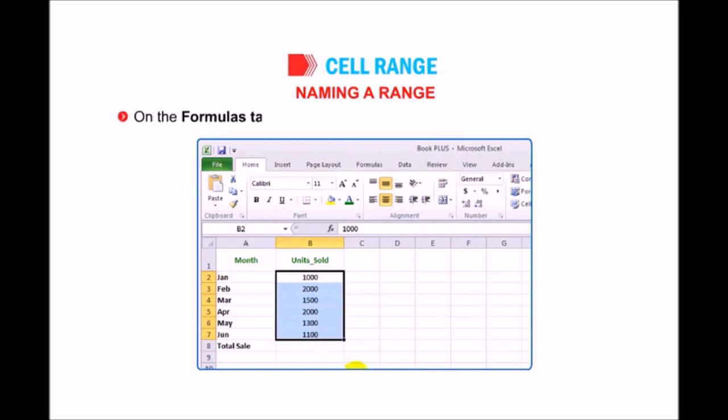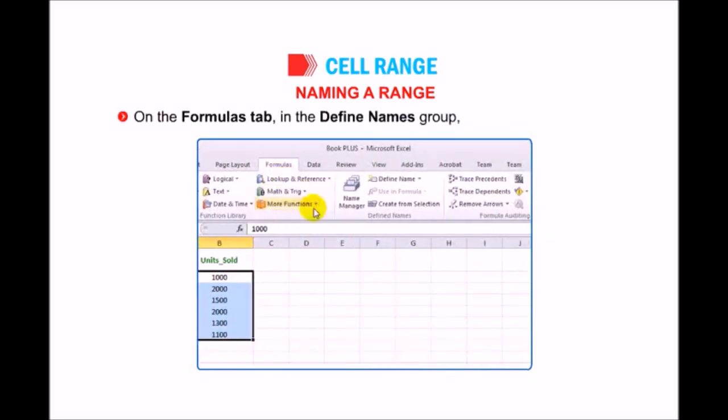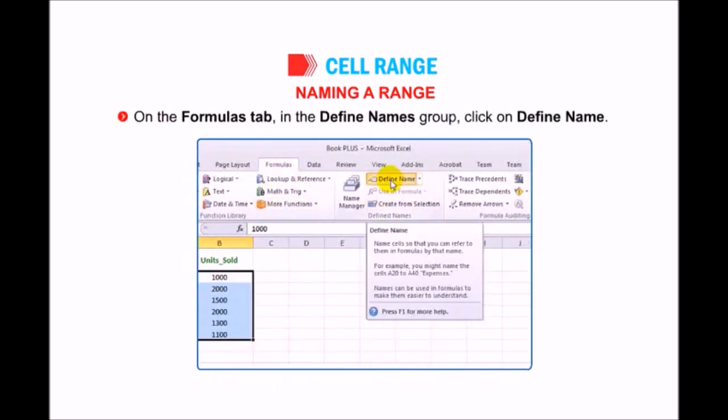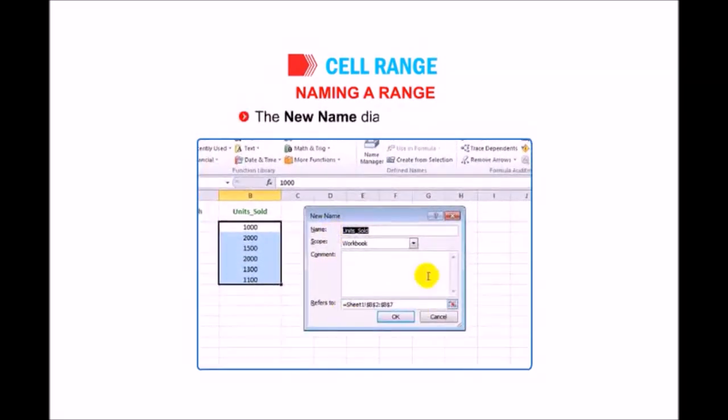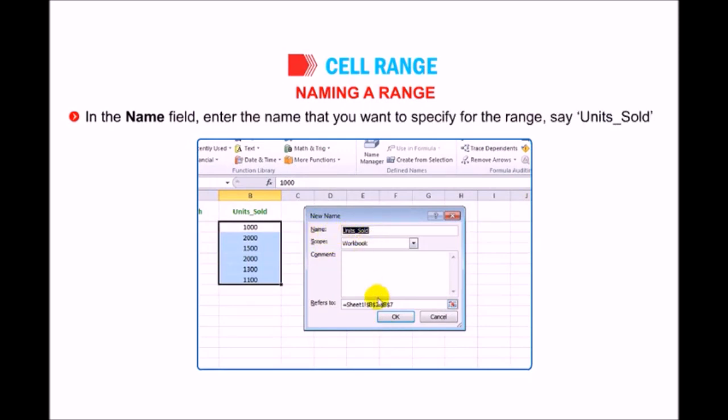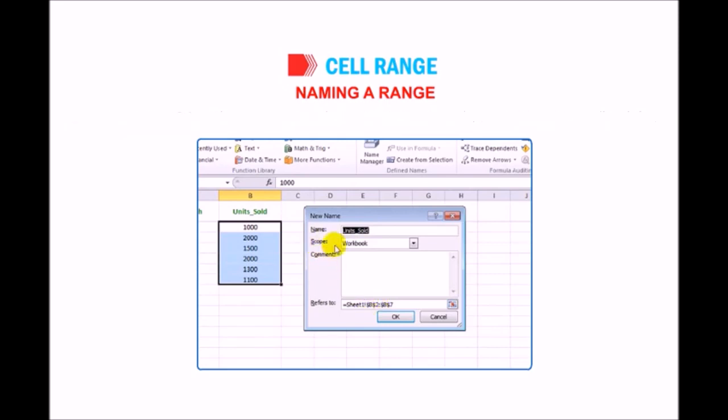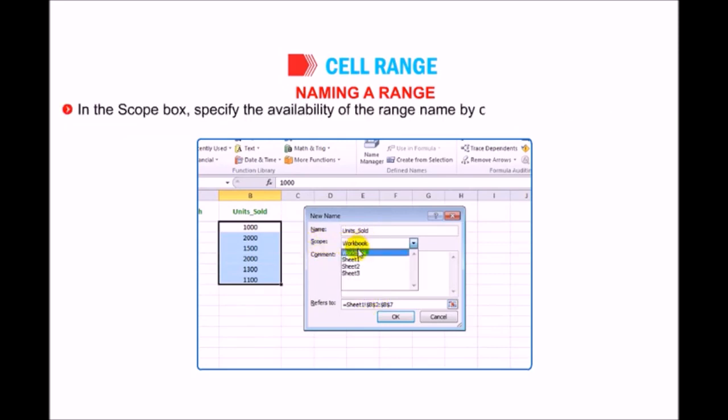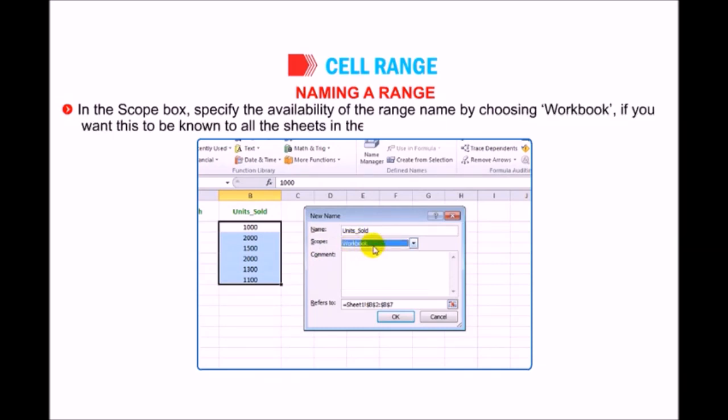On the Formulas tab, in the Define Names group, click on Define Name. The New Name dialog box appears. In the name field, enter the name that you want to specify for the range, say units_sold. In the scope box, specify the availability of the range name by choosing Workbook if you want this to be known to all the sheets in the workbook.